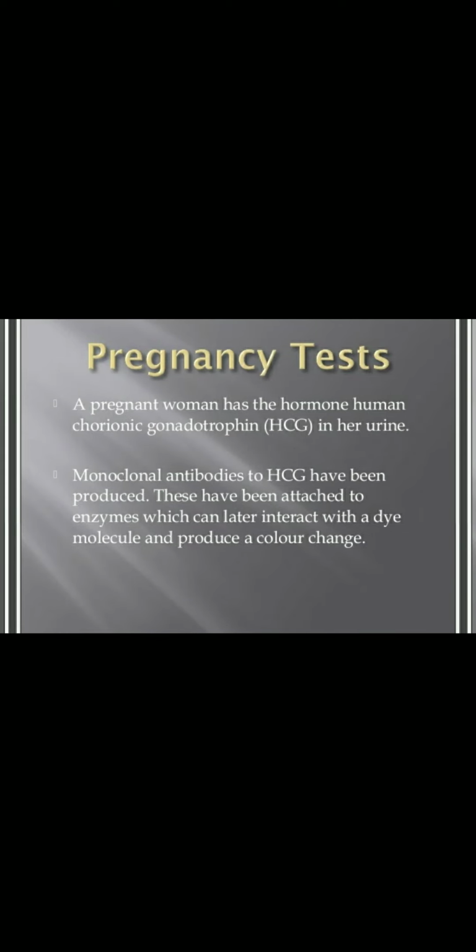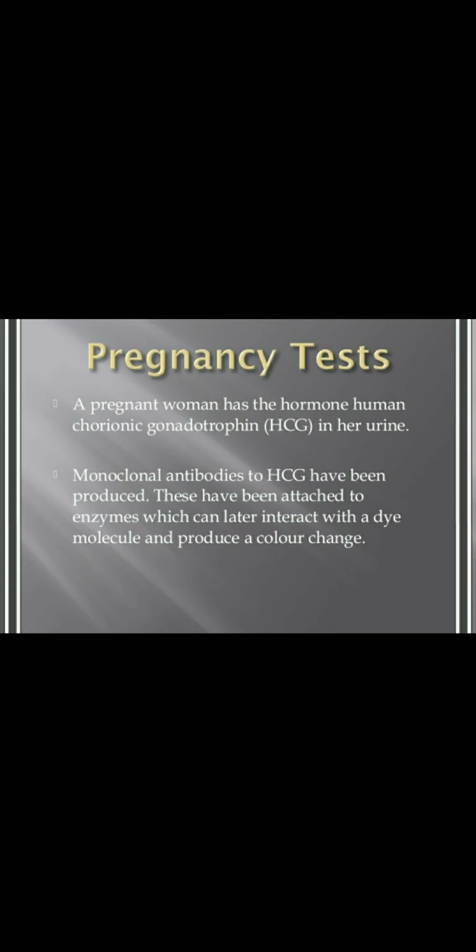By using hybridoma cells, or we can say monoclonal antibodies, the pregnancy test is done. A pregnant woman has the hormone human chorionic gonadotropin, HCG, in her urine. It means if the woman is not pregnant, this hormone will not be found in her urine, but when she is pregnant, she contains HCG in her urine.